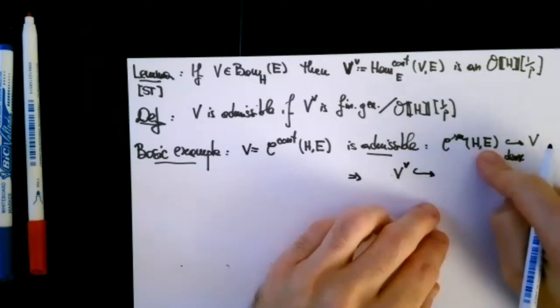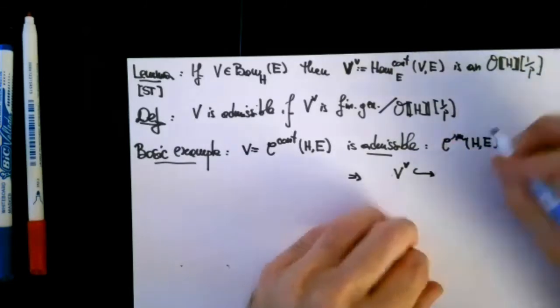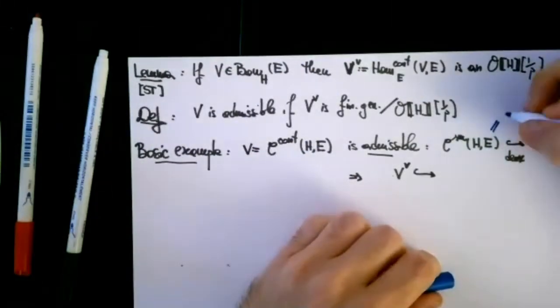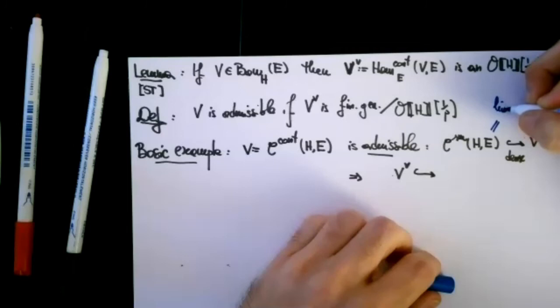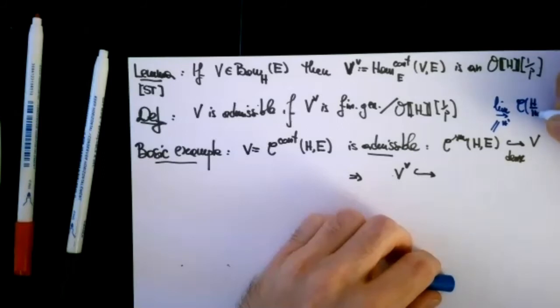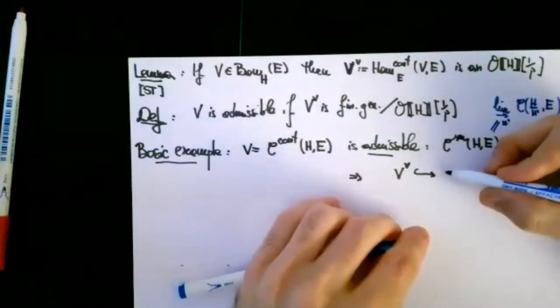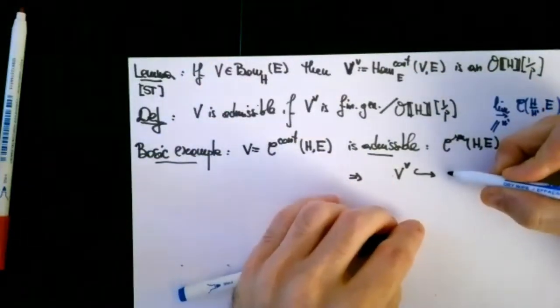These smooth functions are the direct limit over H prime of the continuous functions of the finite quotient in E. So when I dualize, you see that this injects into the inverse limit.